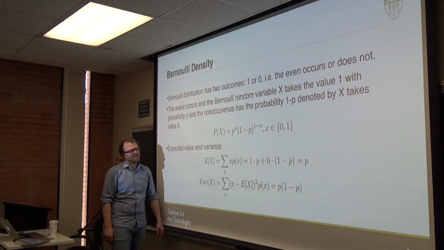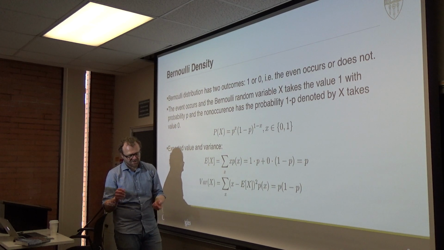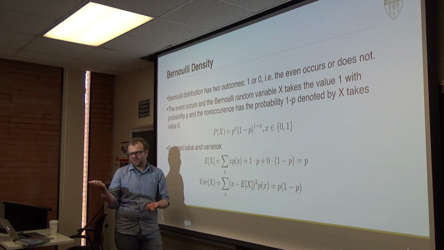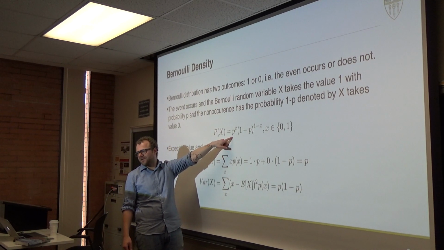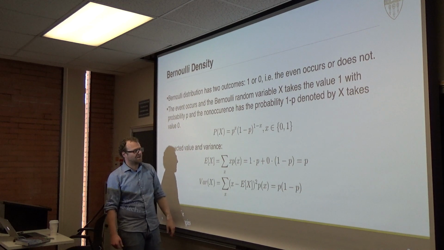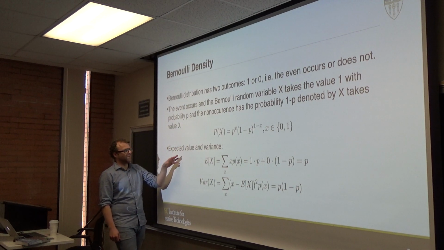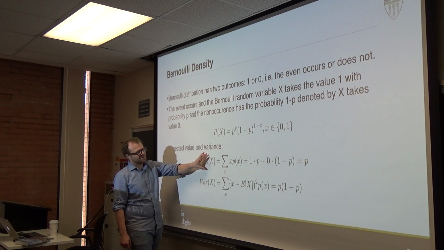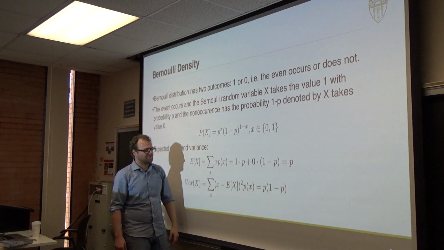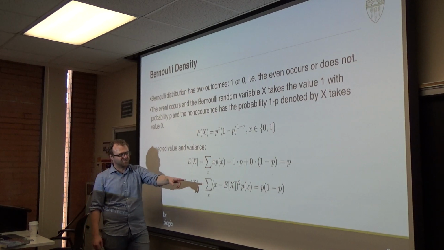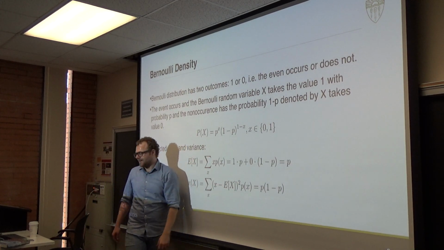So whether you throw an event 1 or an event 0 is dependent on only this parameter p. No other parameters are required. For the expected value of this, logically, the expected value has to be p in this case, and the variance is p times 1 minus p.